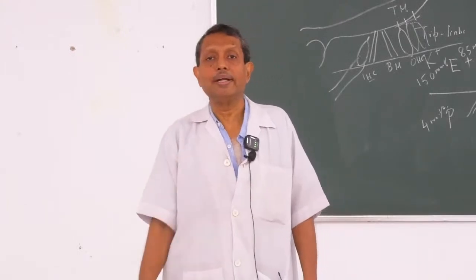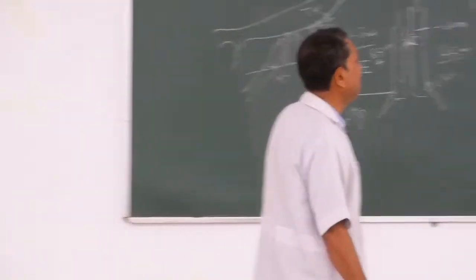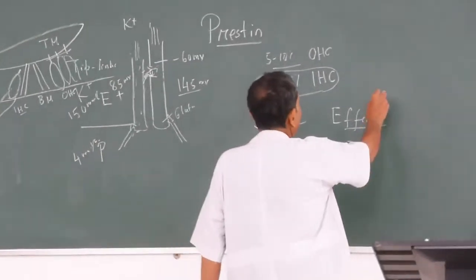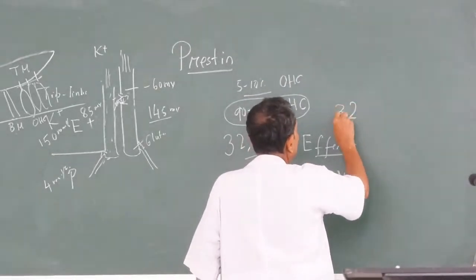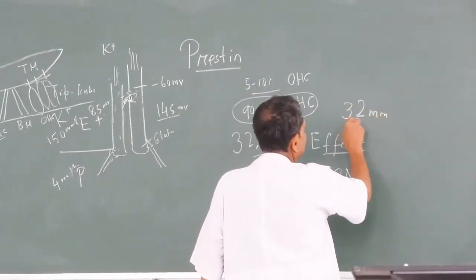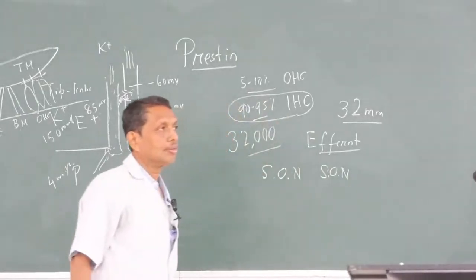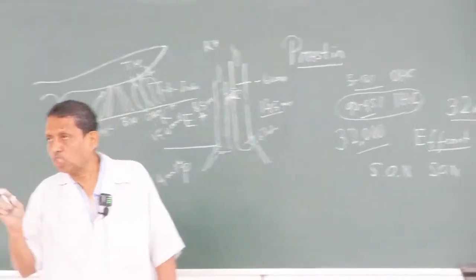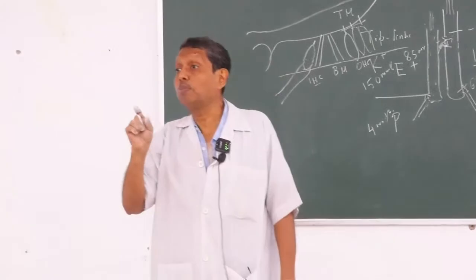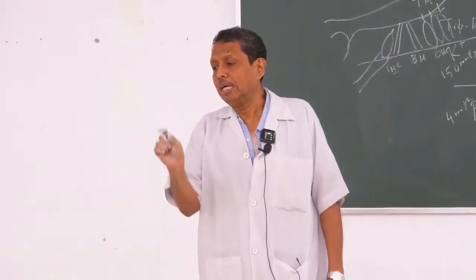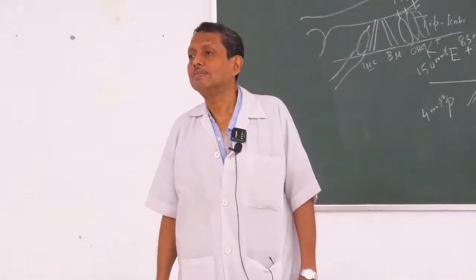Now the basilar membrane, its length is 32 millimeters. As you proceed from the base to the apex of the cochlea, its dimension increases.